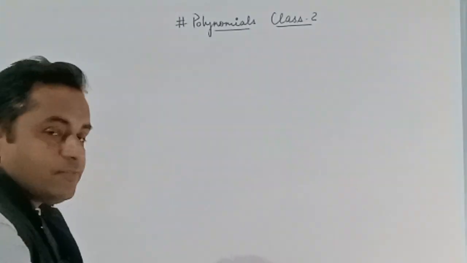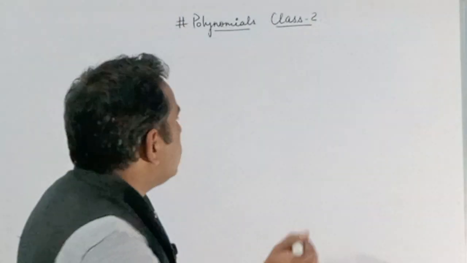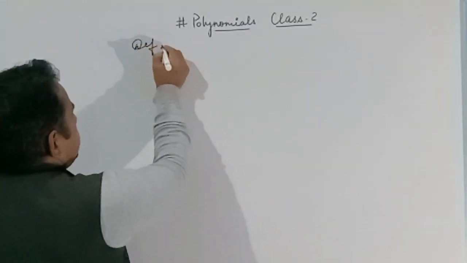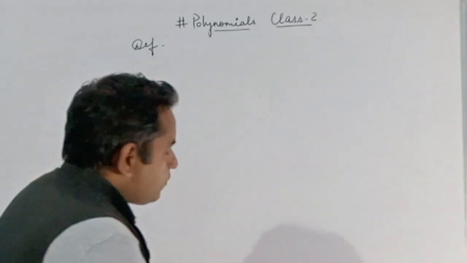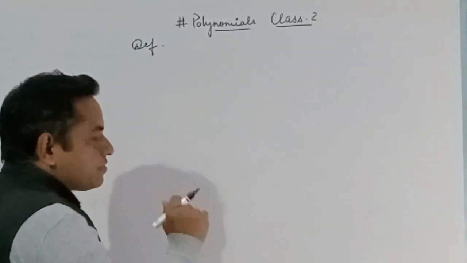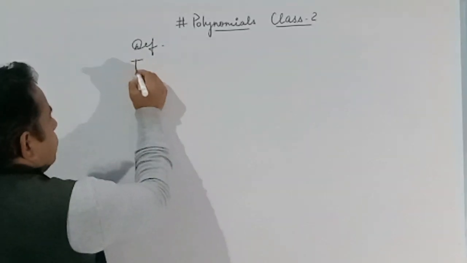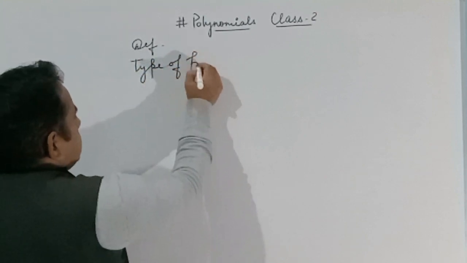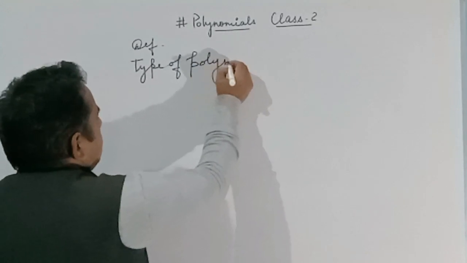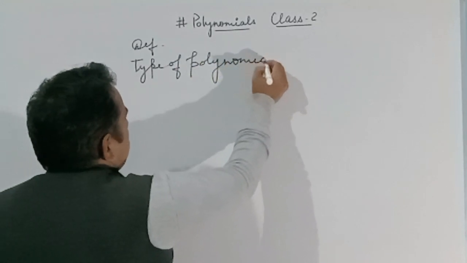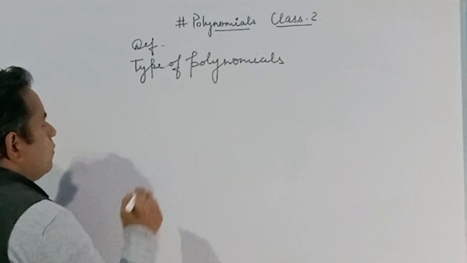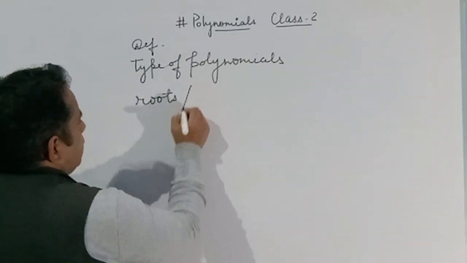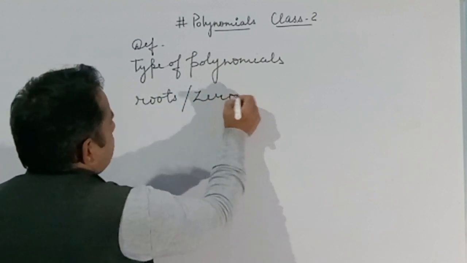Okay, let's recap what we have done till now. We defined the definition in the first video. After that we discussed the types of polynomials, and then we discussed roots of polynomials, that means zeros.